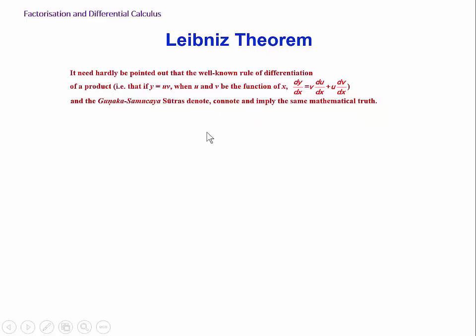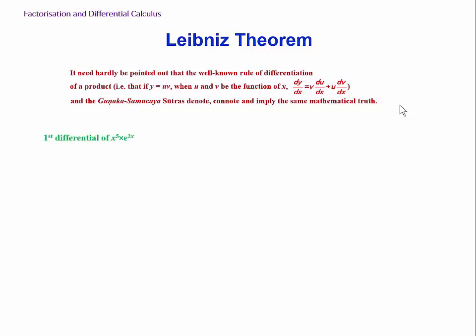So here we've got a product, uv, and this is the well-known product rule if you want to differentiate a product. And in fact, Leibniz's theorem is one which allows you to differentiate and keep on differentiating as many times as you like.